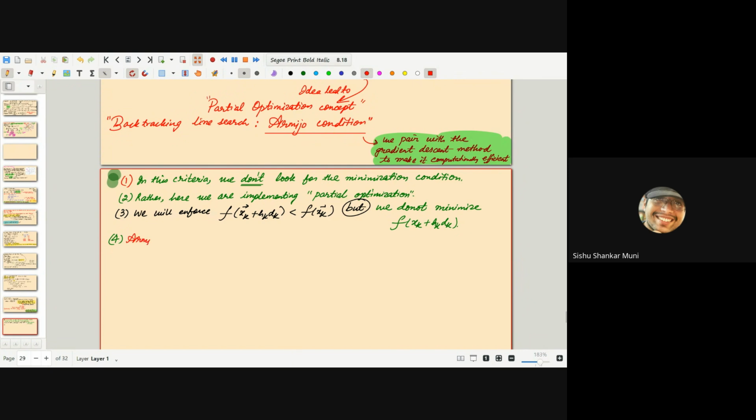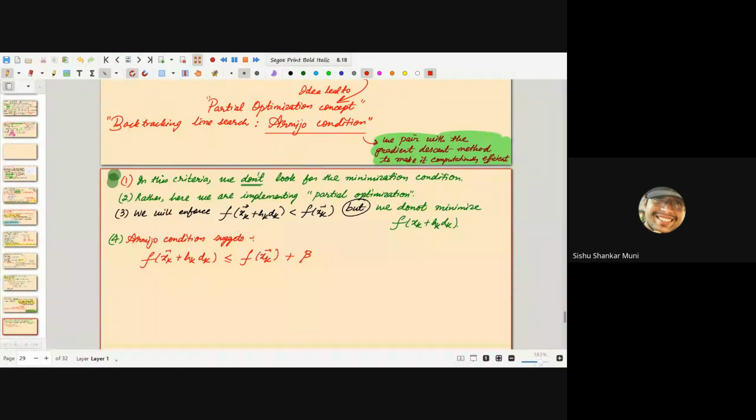Rather than that, the Armijo condition suggests that f of xk vector plus hk dk is less than or equal to f of xk plus some additional terms, which are highly non-intuitive, but I will write them for you.